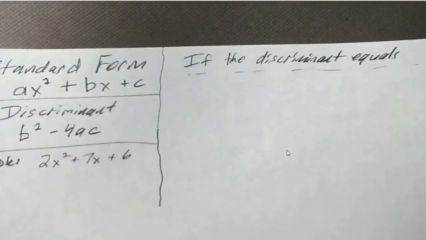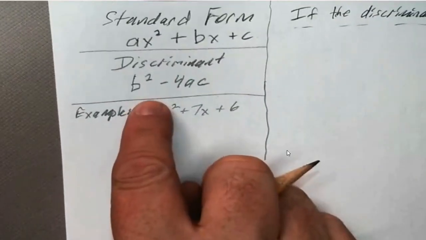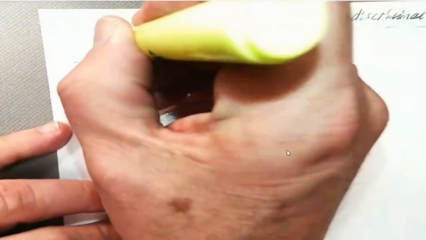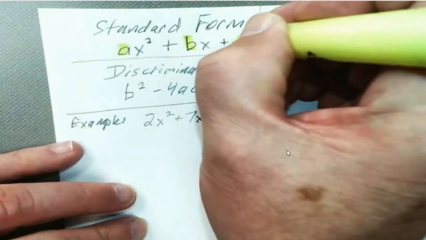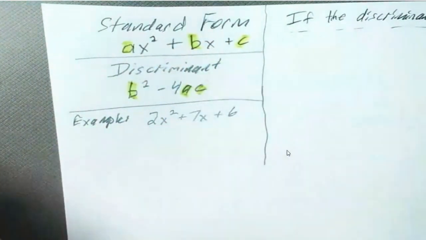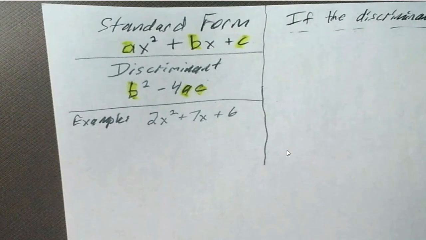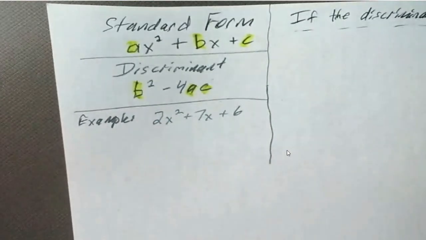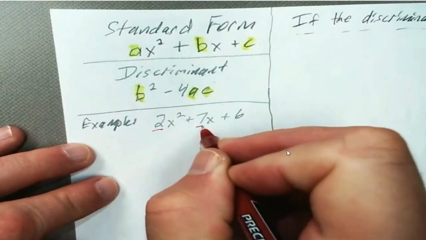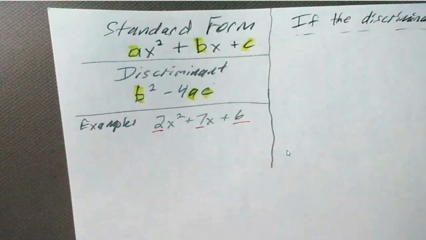So here's an example on calculating this discriminant, because we've got A, B, and C in our standard form, which is where our A, B, and C come from that we're going to use in the discriminant. When we look at this example, this is our A, this is our B, and this is our C. That's all we care about for the discriminant.